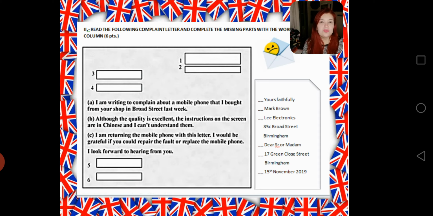So you have to write the number in the corresponding phrase. For example, if you think that yours faithfully should go at the beginning, you need to write number 4 or number 3 before the word yours faithfully. Okay? So that's what you have to do. You write the number before yours faithfully, Mark Brown, Lee Electronics, etc., etc., depending on the part of the letter.